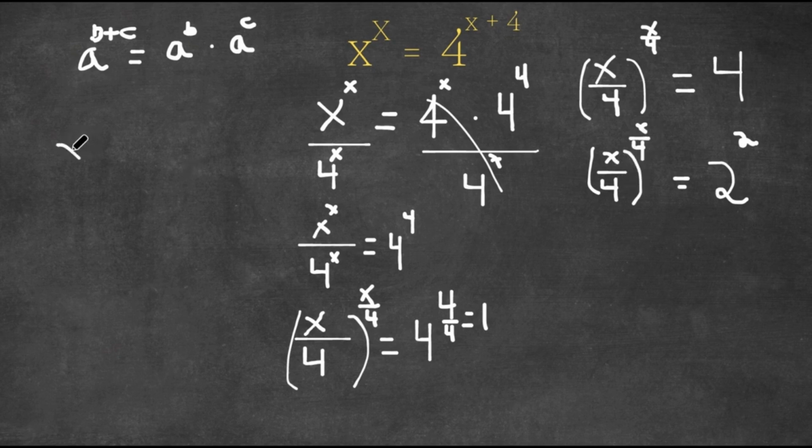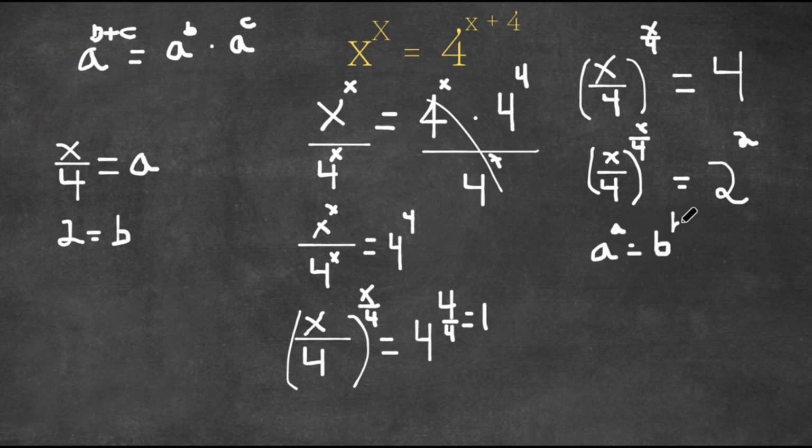So we're going to set x over 4 equal the variable a. And we're going to set 2 equal the variable b. Then this means that this would be a to the power of a equals b to the power of b.